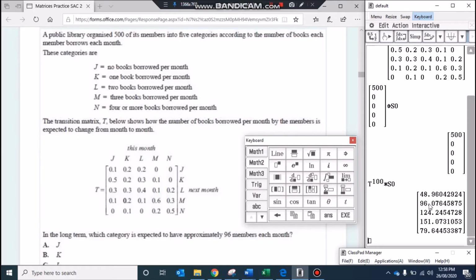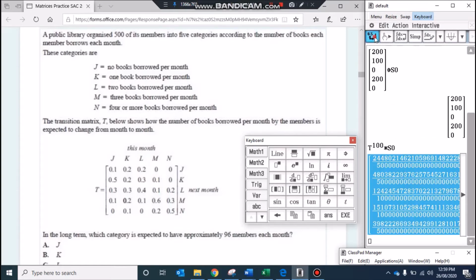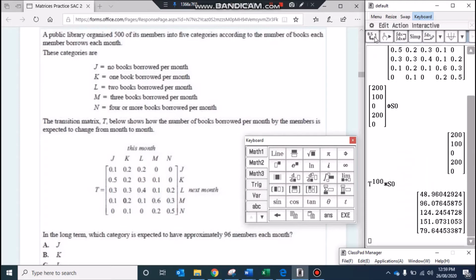So that's an interesting fact about the steady state that wasn't mentioned earlier. It actually doesn't matter what your initial state matrix is. Let's try something else. Let's try 200, 100, and another 200 there. Let's see if that changes our steady state matrix. No, again, the exact same steady state.